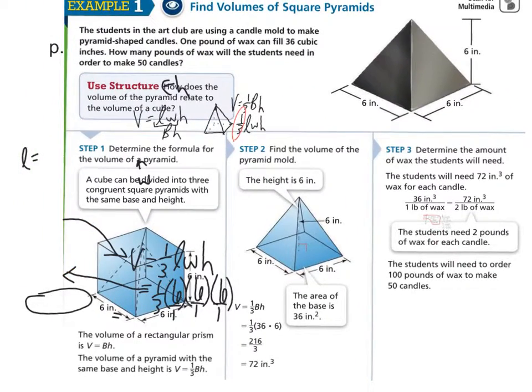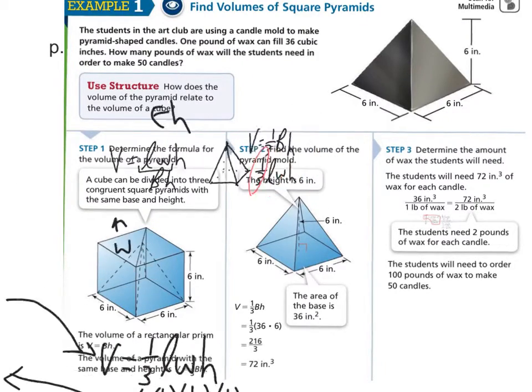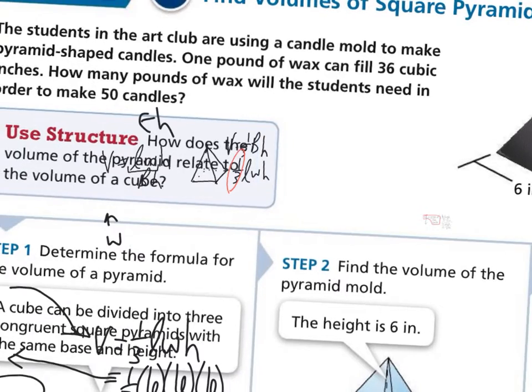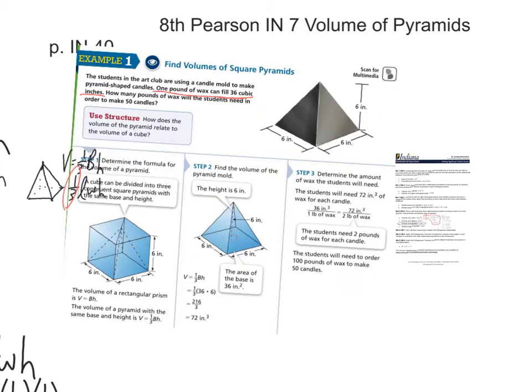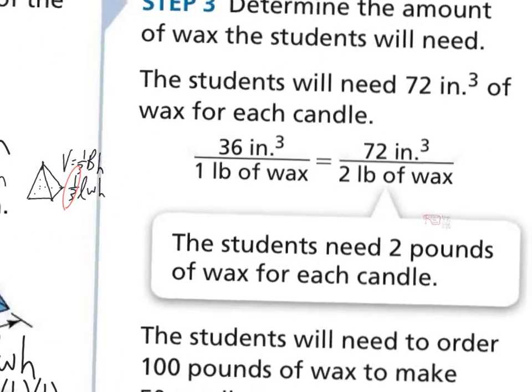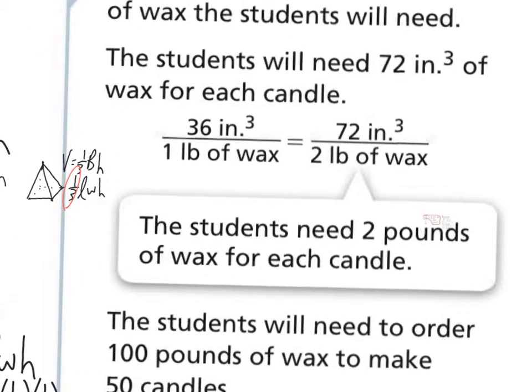And it says that 1 pound of wax can fill 36 cubic inches, which was given to us. So what we could do here is kind of a proportion. We've got 36 cubic inches for 1 pound of wax. We know our volume is 72 cubic inches, so this would be like our X spot.